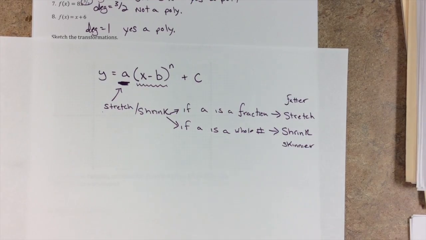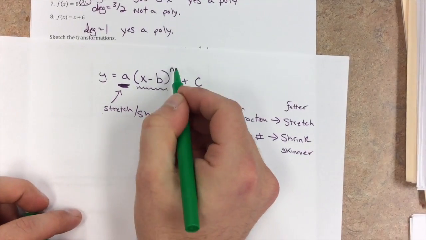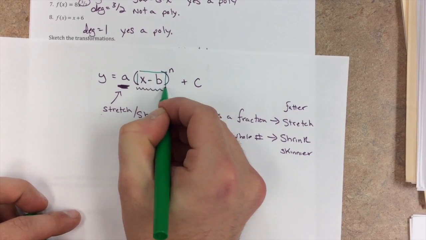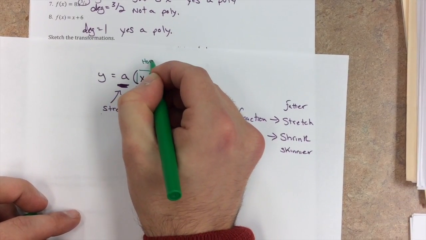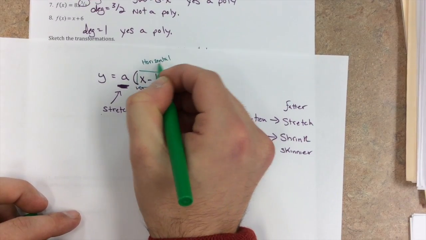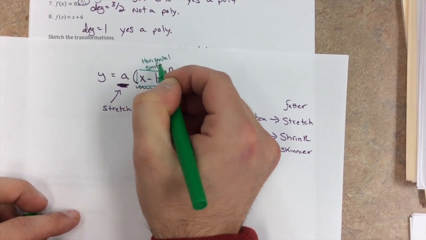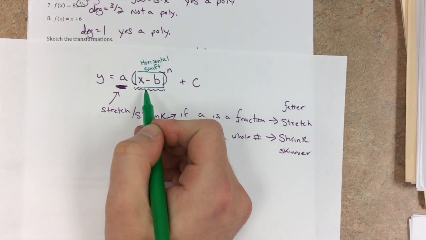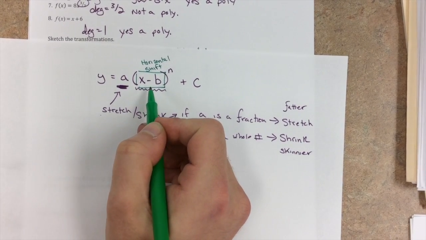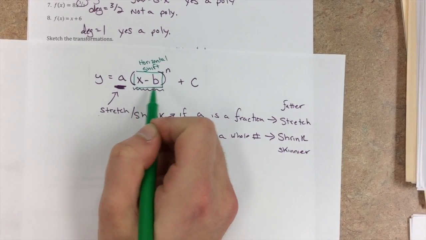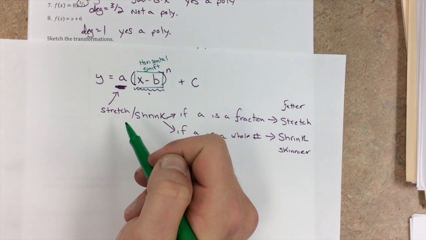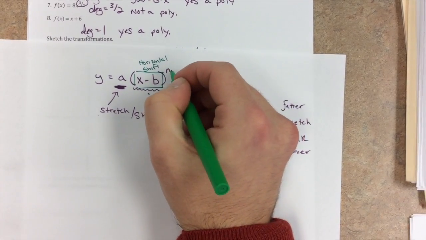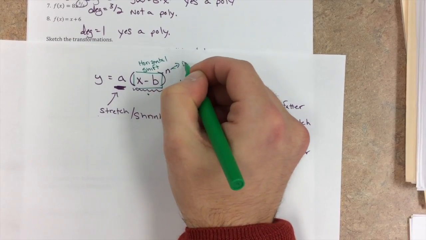So if we have x minus b to the n, this x minus b term right here is going to give your horizontal shift. And why is that? Well, the number that we're going to plug into x to make this 0 is going to move this graph either left or right. This number here is going to tell us our x-intercepts. n is our degree.